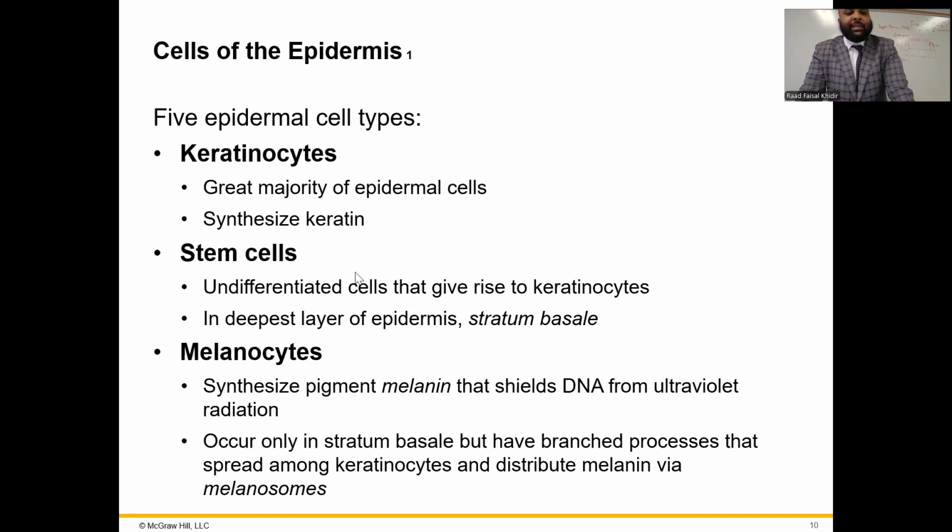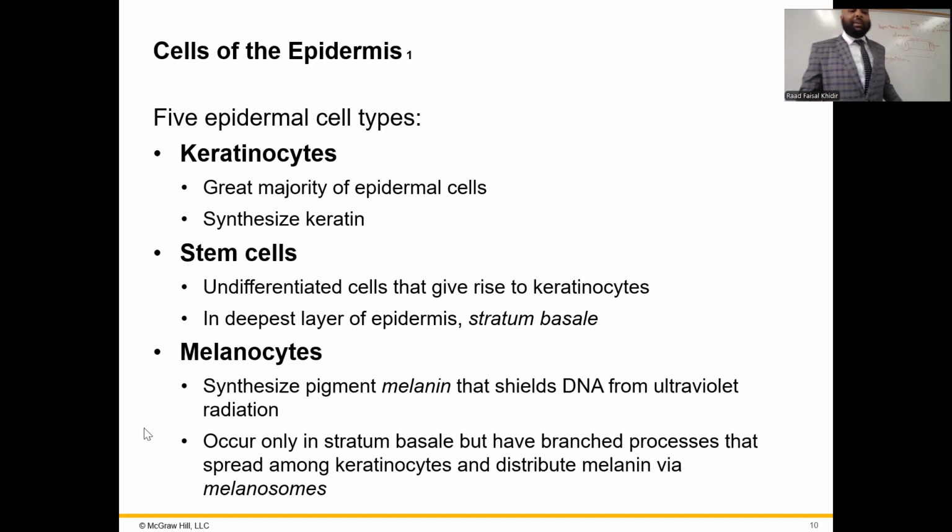Stem cells are undifferentiated cells that give rise to keratinocytes, in the deepest layer of the epidermis known as the stratum basale. This is really important to know: where the stem cells, the progenitors for your skin system, are. So you got to know they are in the stratum basale.